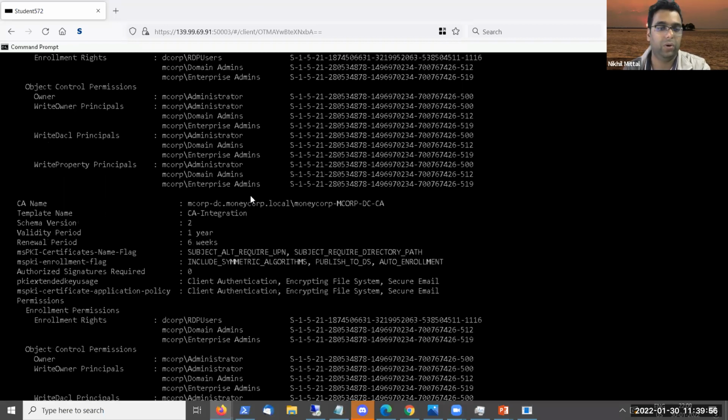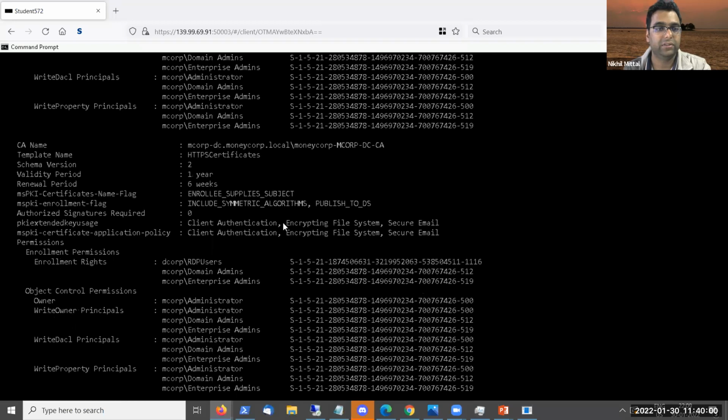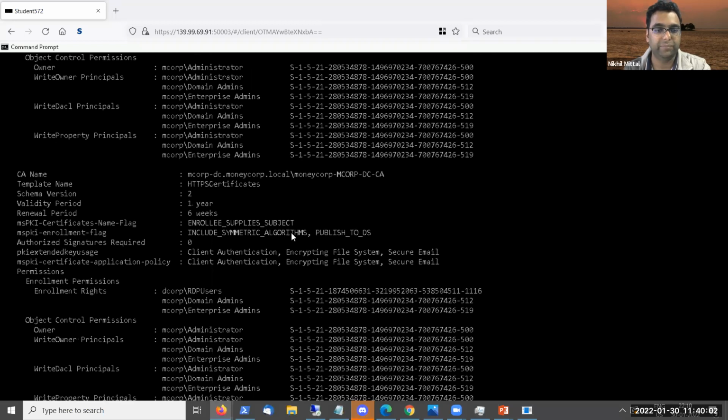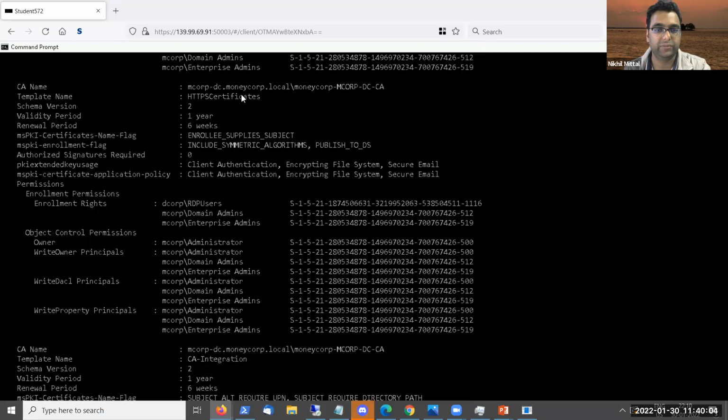However, you may like to always take a look at the enrollment permissions. For example, take a look at this one. This template HTTPS certificate has a problem, enrollee supplies subject. We'll take a look at that in a moment. Look at the enrollment rights here.